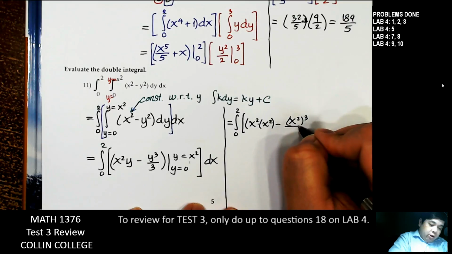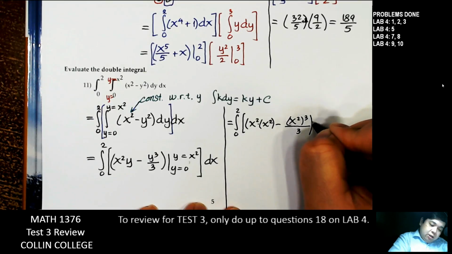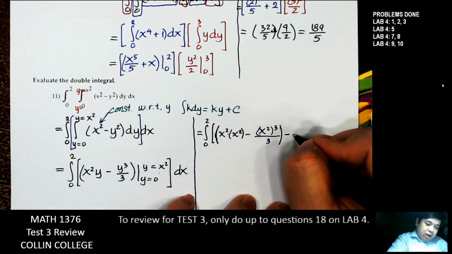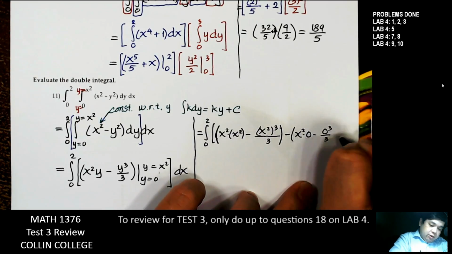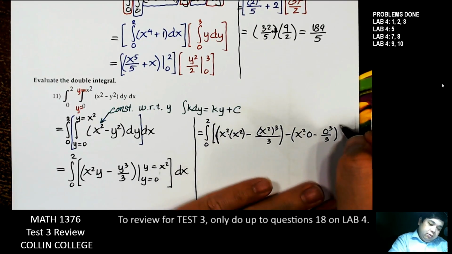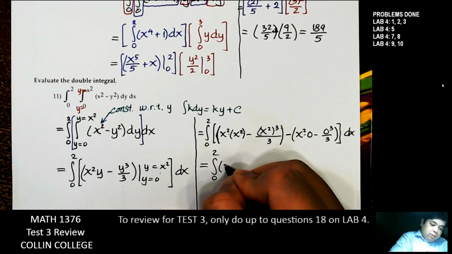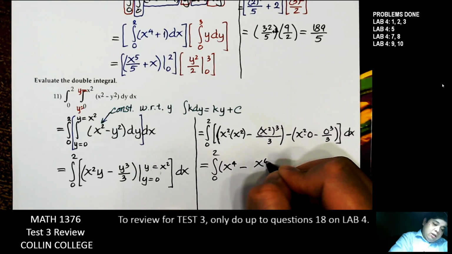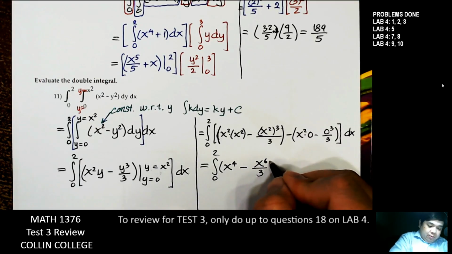We substitute x squared in for y at first, and then we put in 0 for y. This will just be 0. And simplify this, and we have x to the 6. The power to the power, we multiply them, dx.